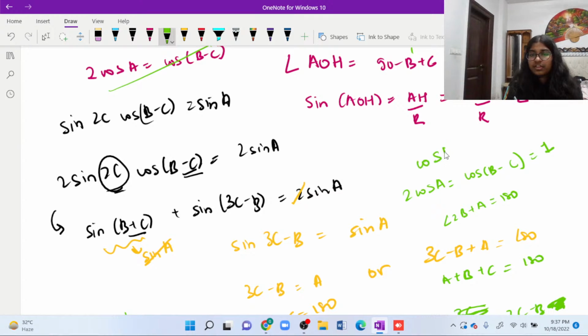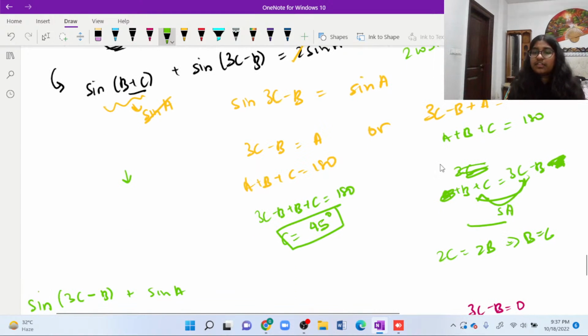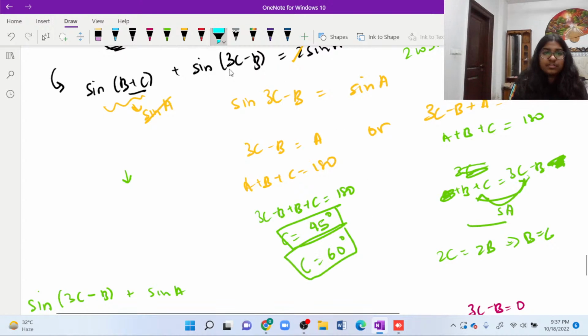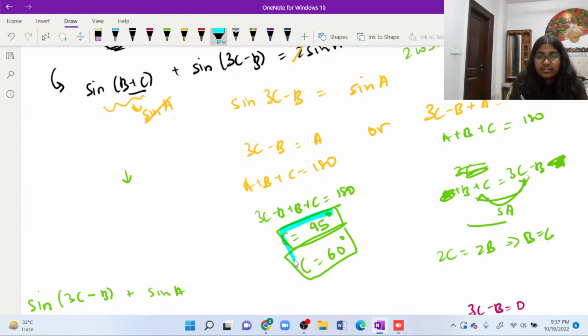So cos A equals half, which implies angle A equals 60 degrees. Since A is 60 and B equals C, B and C are also 60, so C equals 60 degrees. So the two angles that work are C equals 45 degrees and C equals 60 degrees, and I'm pretty sure that's the correct answer.